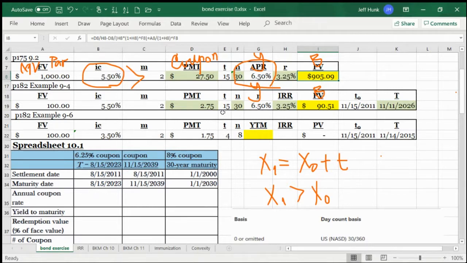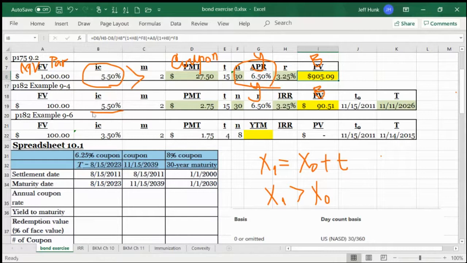And then what else? Before we even calculated it, we could tell this is a discount bond, isn't it right? You could tell already it's going to be a discount bond. Why?